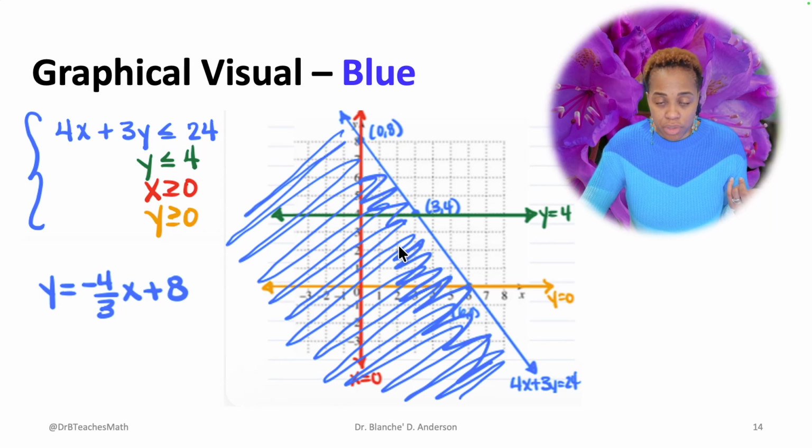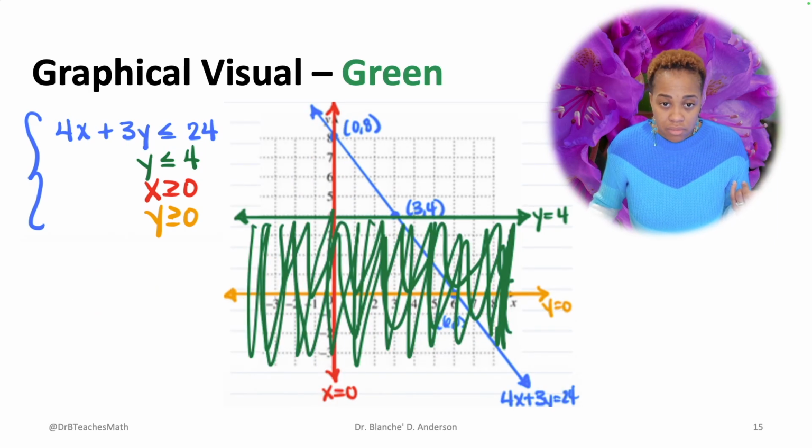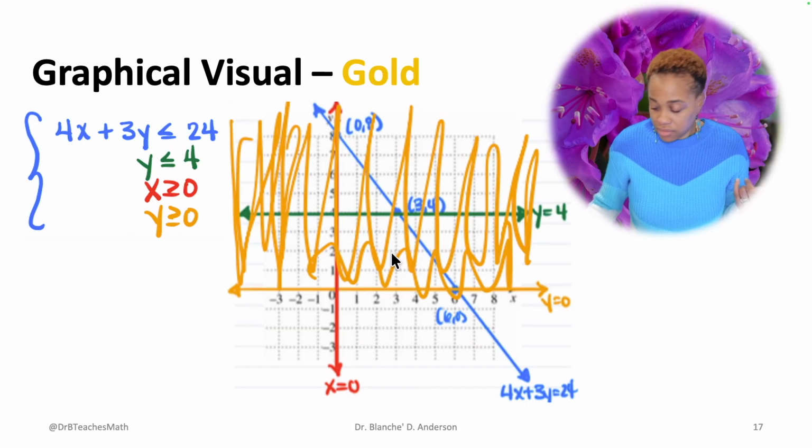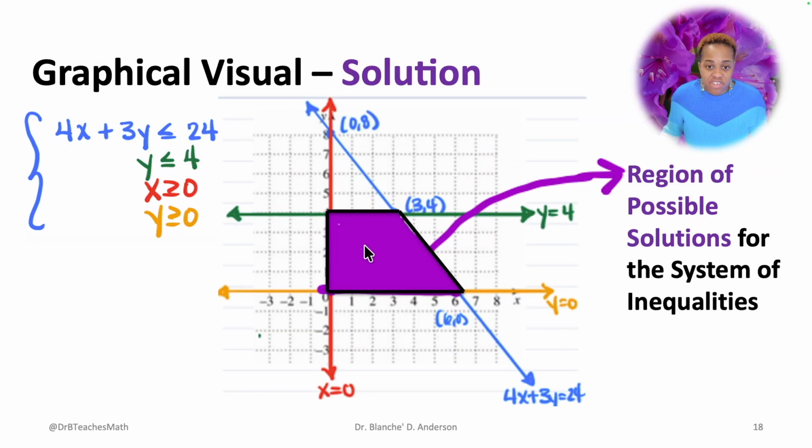So first there's blue, green, red, yellow. So that's my region of possible solutions. If I pick any ordered pair in this region, it makes every single equation true. Okay, and that is your goal when you're doing that. Every single one is true.